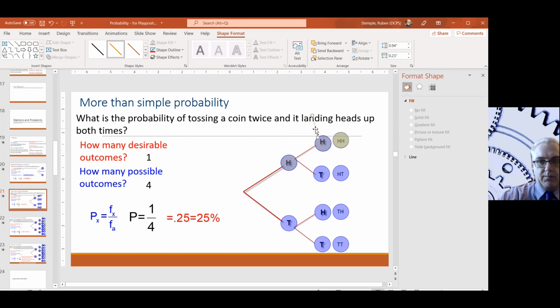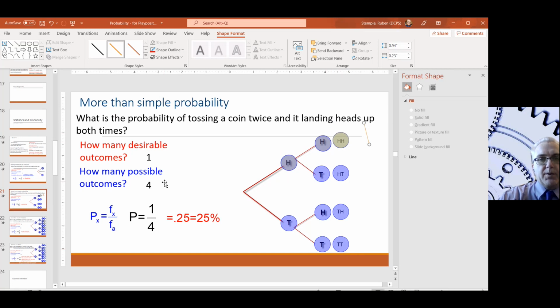And here's my second experiment. I can toss the coin a second time, and if it comes up tails, then that's a failed experiment because it didn't land where I wanted it to. And if it comes up heads, then it landed where I wanted it to. So this is the only branch of this tree that has heads and heads 2 times. This is the 1 desirable outcome out of 4 possibilities.